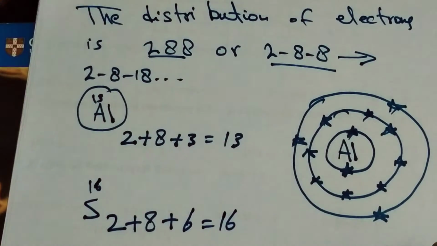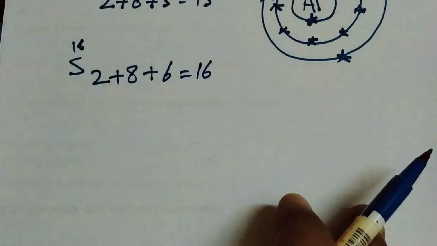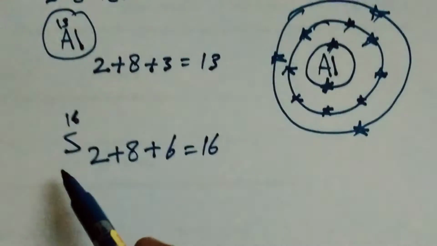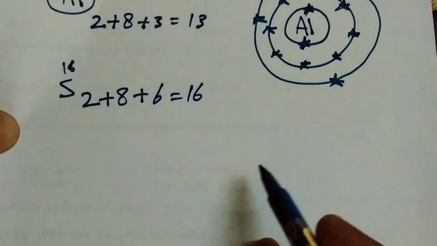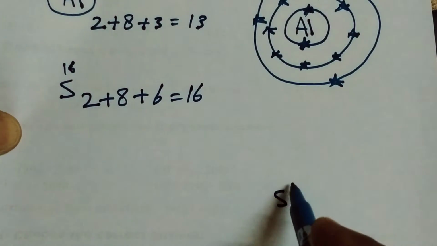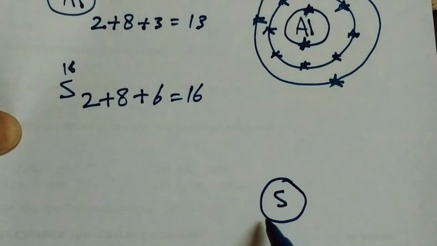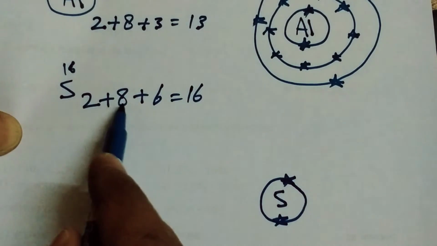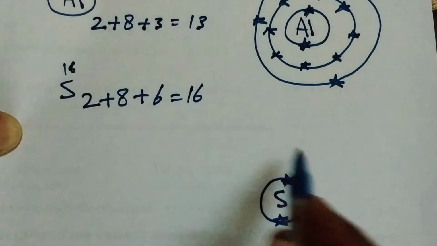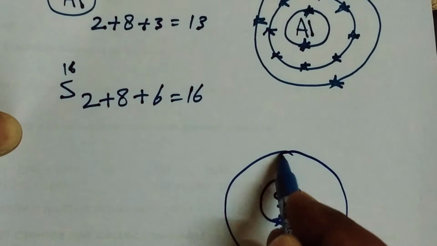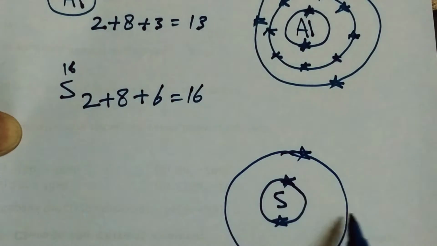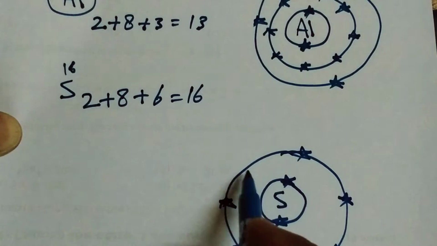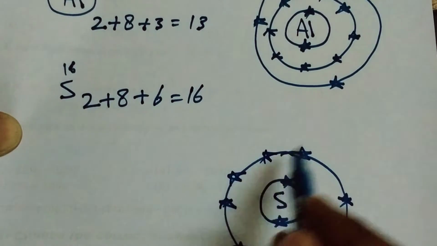So the structure is the same as I drew here for aluminium. We will write S here. The first shell will hold how many? Always 2. Then the second one will hold how many? 8: 1, 2, 3, 4, 5, 6, 7, 8.